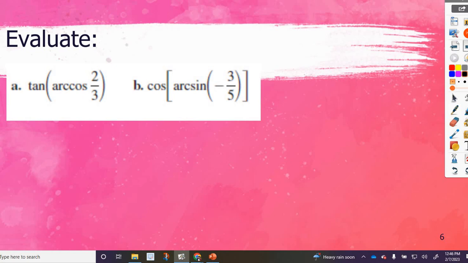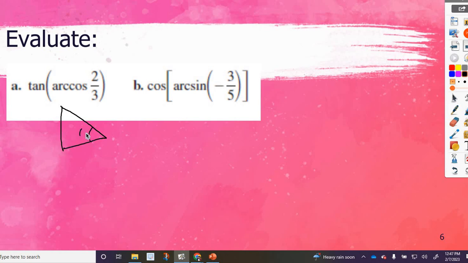Think about all the way back to last chapter. What was our definition of a trig function? Sides of a triangle to an angle. So we're just going to have to go back to drawing some triangles.